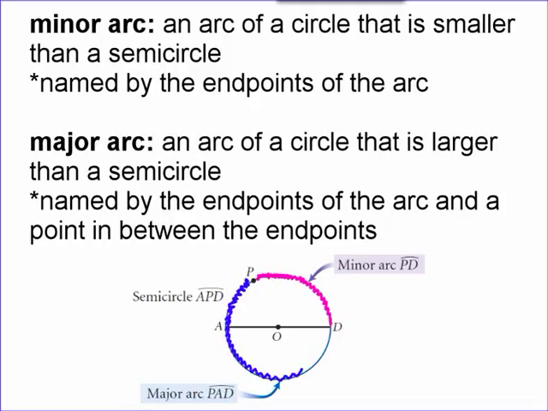I'm going to name that PAD, or DAP. You always have to use a third point there. You can't just intersperse them, like APB or APD. I have to name it in order as it goes around the circle.